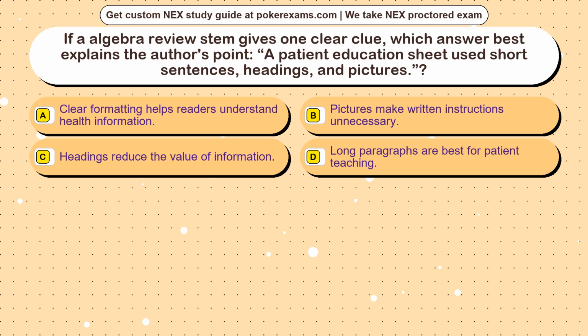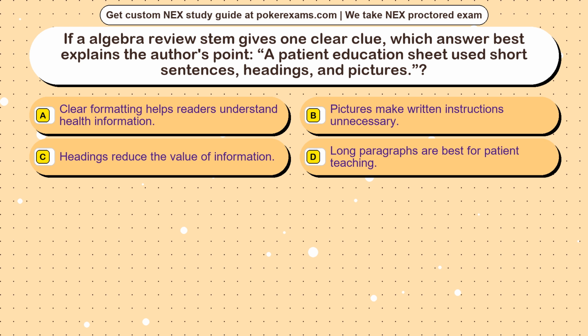Question 4. If an algebra review stem gives one clear clue, which answer best explains the author's point? A patient education sheet used short sentences, headings, and pictures. Option A, clear formatting helps readers understand health information. Option B, pictures make written instructions unnecessary. Option C, headings reduce the value of information.